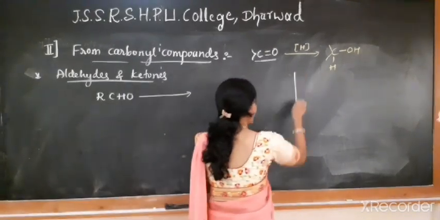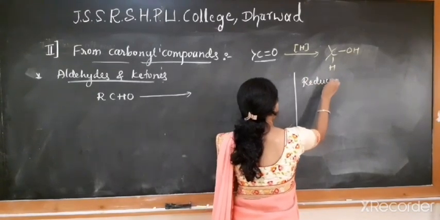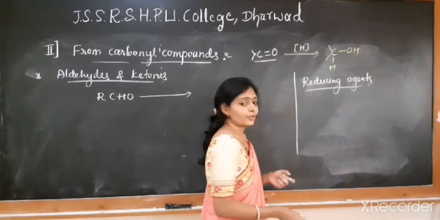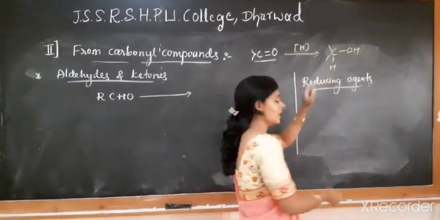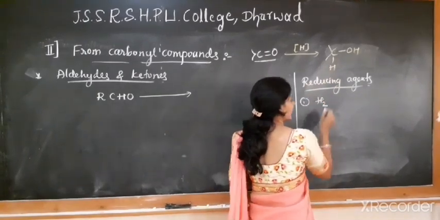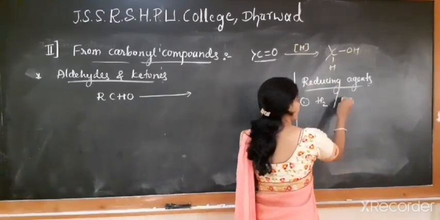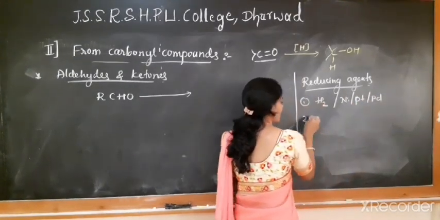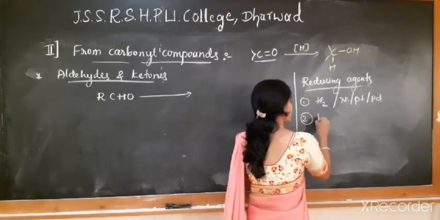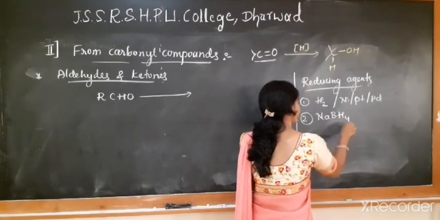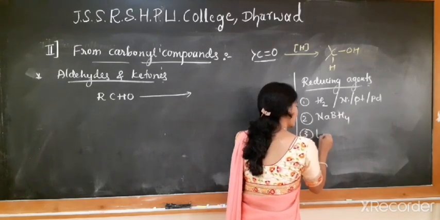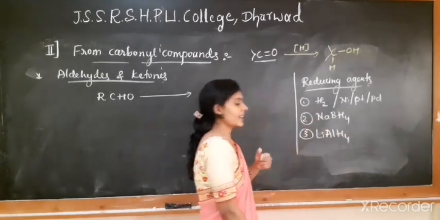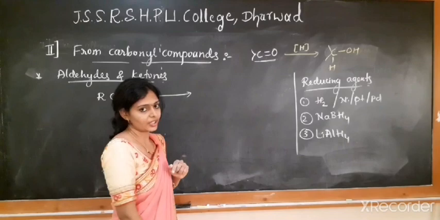So the reducing agents used for the conversion of carbonyl compounds to the alcohols are: one, you can do catalytic hydrogenation, that is hydrogenation in presence of nickel, platinum or palladium catalyst, or you can take sodium borohydride, NaBH4, and also you can use lithium aluminium hydride as a reducing agent. So these reducing agents can be used to reduce carbonyl compounds to the respective alcohol.